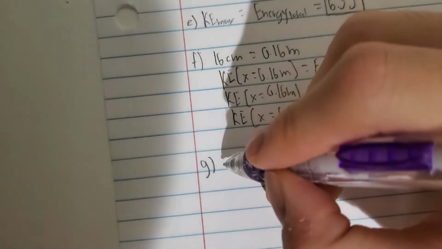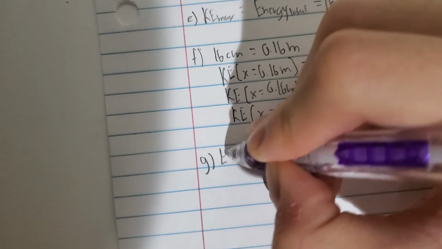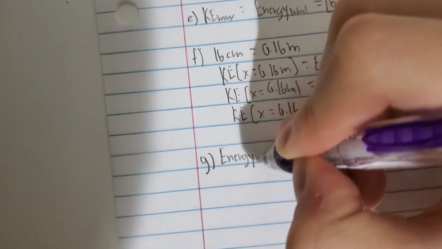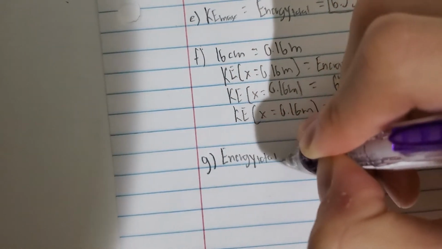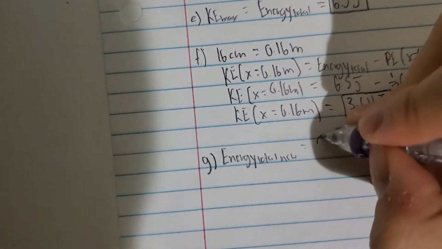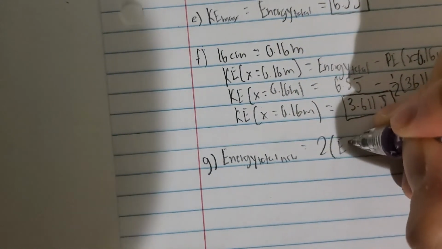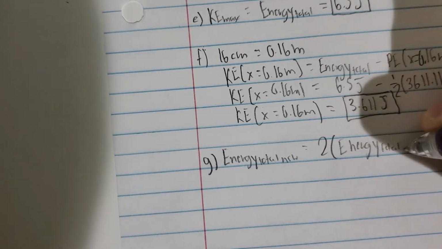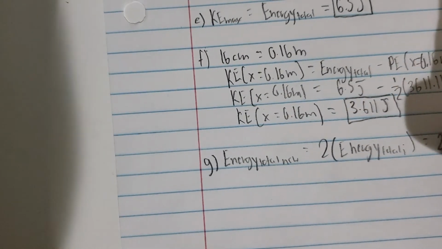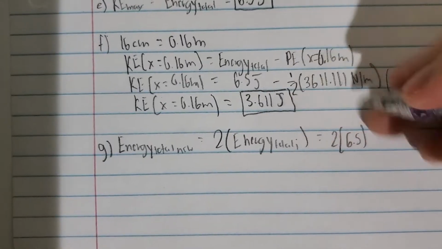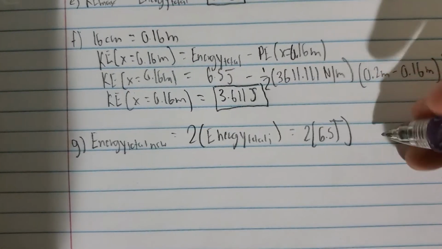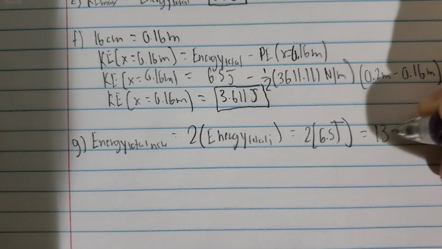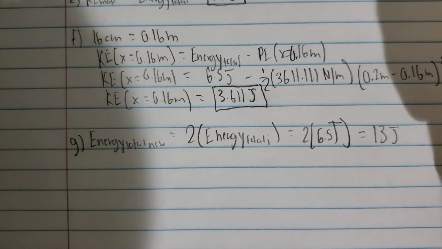So if the energy is doubled, the new total energy is double the initial total energy, which is 6.5 joules. And so this turns out to be 13 joules as my new total energy.